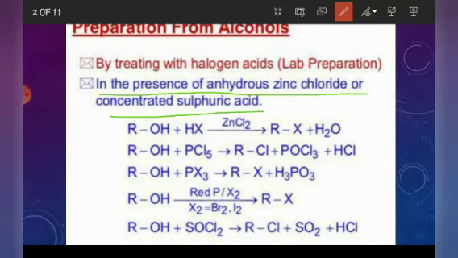Now if you look into the reaction, it is written ROH plus HX giving out RX plus H2O. Now this method particularly I will discuss in detail.